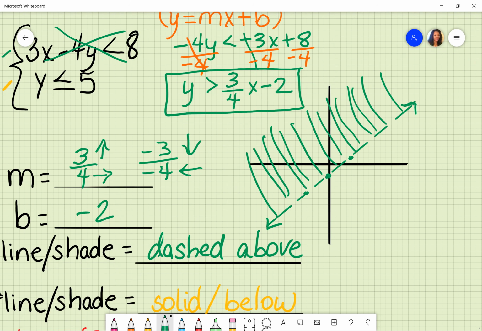And now let's go to the other one, my second one, which is y is less than or equal to 5. So I'm going to go to where y is 5 on my y-axis. This time it's going to be a horizontal solid line.